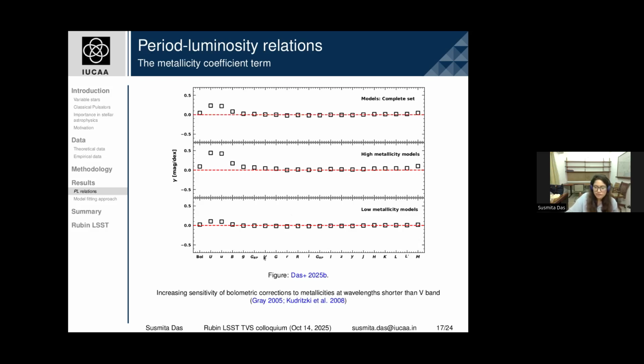Typically when we study V band or the I band, so typically RR Lyrae and classical Cepheids, PL relations in their V or I cannot be used reliably because of their strong effect of metallicity, right? RR Lyrae and classical Cepheids can only be used reliably, the PL relations, in the near-infrared bands. However, for BL we see that they exhibit negligible effect even in the shorter optical bands.